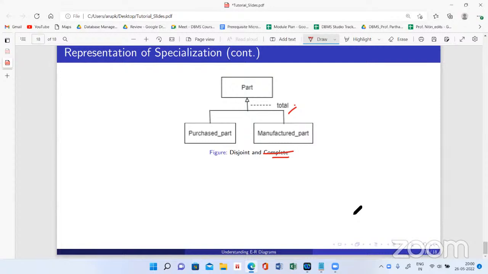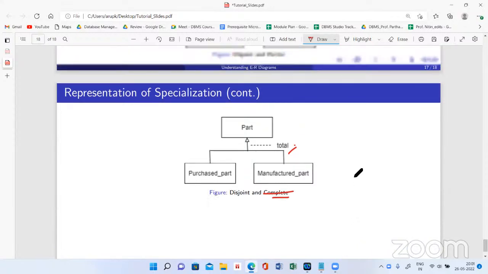So it has to be either manufactured or purchased. There cannot be any other part other than this. So we'll call it a total participation. Does it make sense?